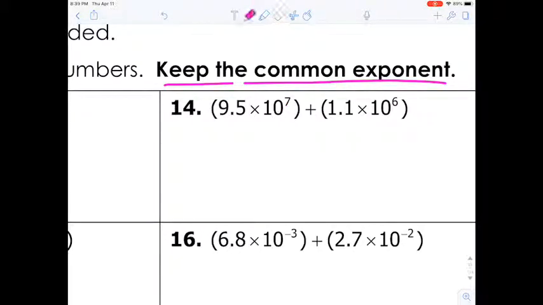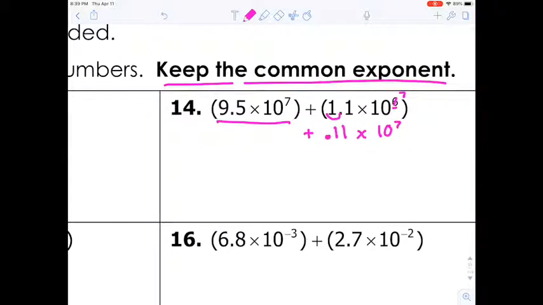So then I bop on over to the other one. I'm like, okay, well, let's take 10 to the 6th and make it 10 to the 7th. So if I were to make this 10 to the 7th, I made that bigger, which means I would need to make this one smaller. So what this really becomes is 0.11 times 10 to the 7th plus this stuff.